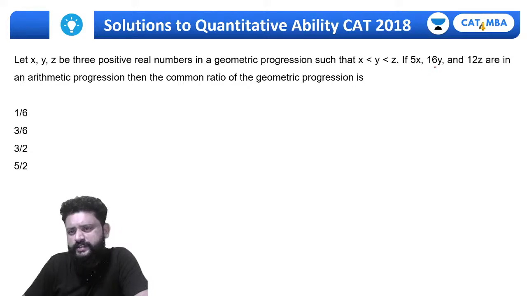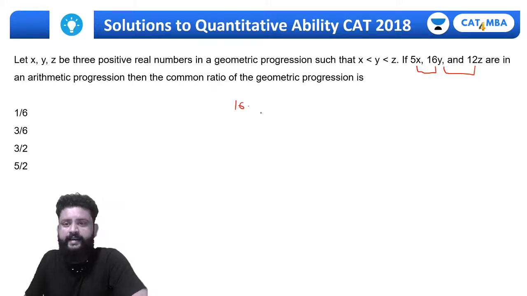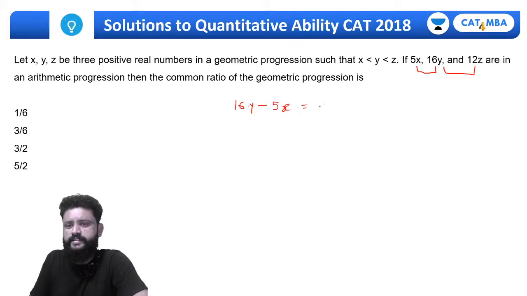So what I can conclude is that this difference must be equal to this one. In an arithmetic progression, the difference between any two consecutive terms is constant. So I can write 16y minus 5x is equal to 12z minus 16y.